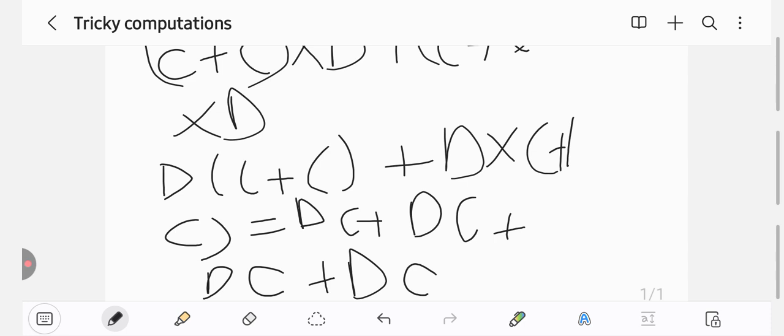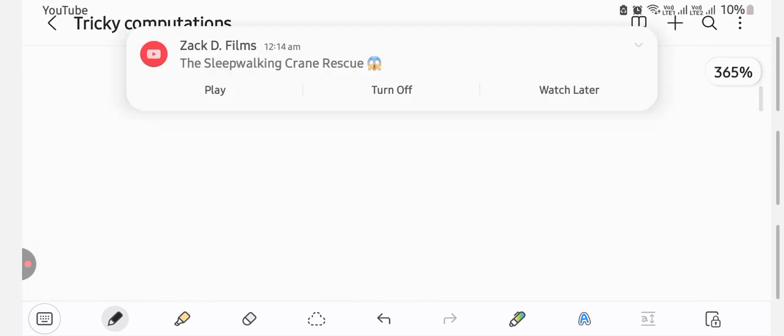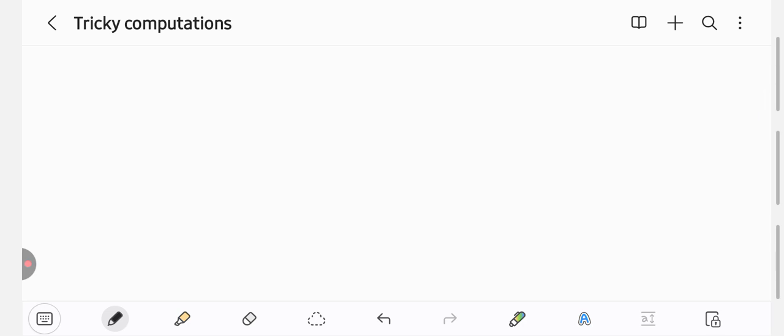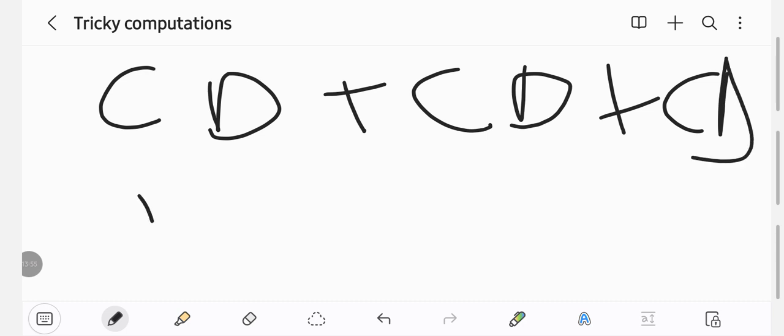So let's rearrange it a little bit. If we rearrange to C times D, order only matters for the structure, not the value, so the value is the same, and C times D just looks nice, so that's why we use it. So now we can write CD plus CD plus CD plus CD.